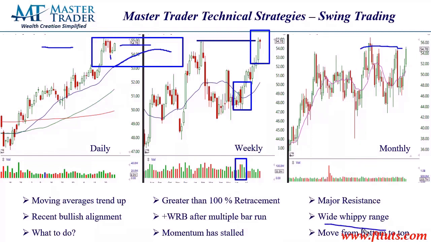You can see the monthly is a whippy consolidation up at this resistance area here. So the message here is to stand aside. We have a neutral to bullish bias, and we're going to wait to see.